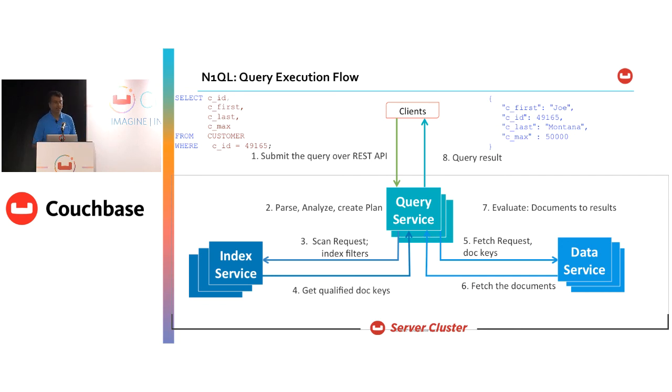Just one point: when the data is getting streamed back from the index service, we automatically and immediately go to the data service. So the index processing and the data processing happen in parallel. It's not a stop and run method.